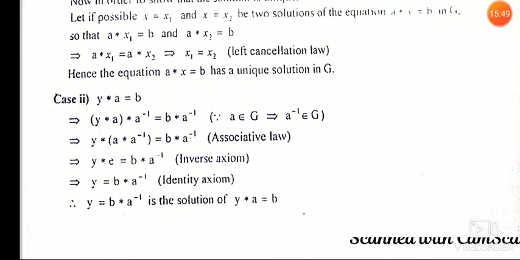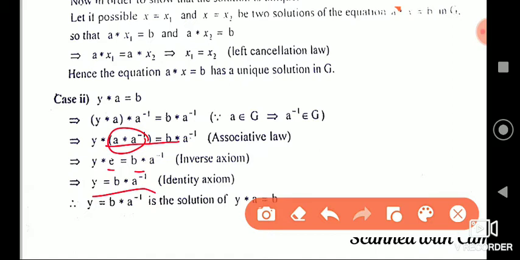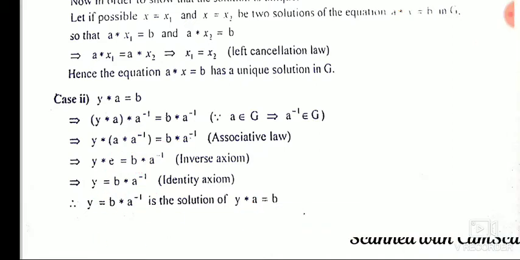And next step, we use the associative law. By the associative law we got A star A inverse is equal to E, and B star A inverse, and we got y is equal to B star A inverse, by the identity axiom. So y is equal to B star A inverse is the solution of y star A is equal to B.